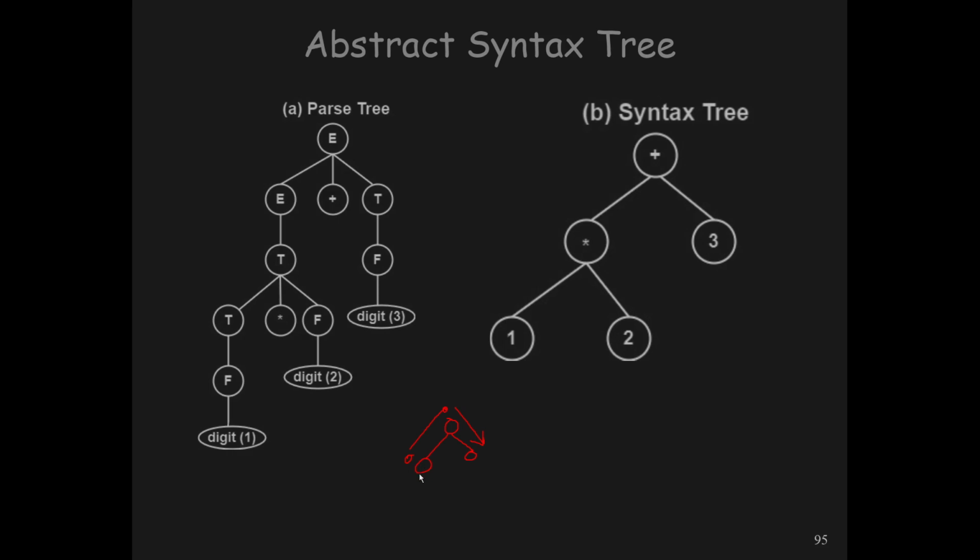And if this one also had its own children, then what you're going to do is first this guy, then this guy, then this guy, and then this guy, okay? So the algorithm is, let me redraw it again.